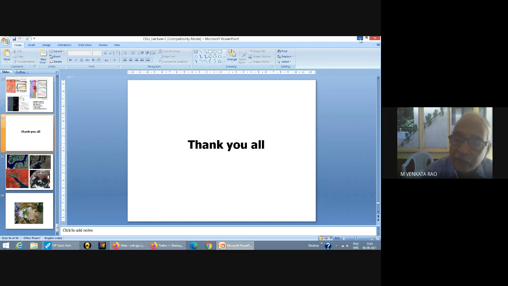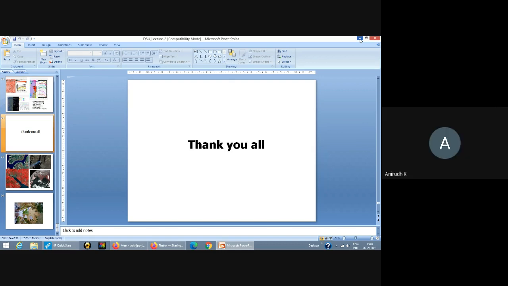From the satellite image you can estimate. So it is used for any events. Satellite images are used in various applications. Understood, sir. Thank you.